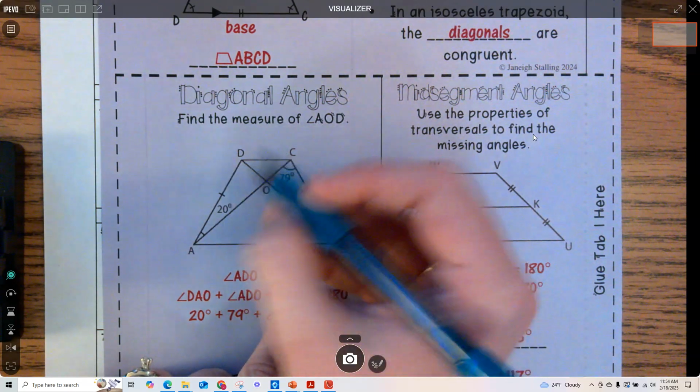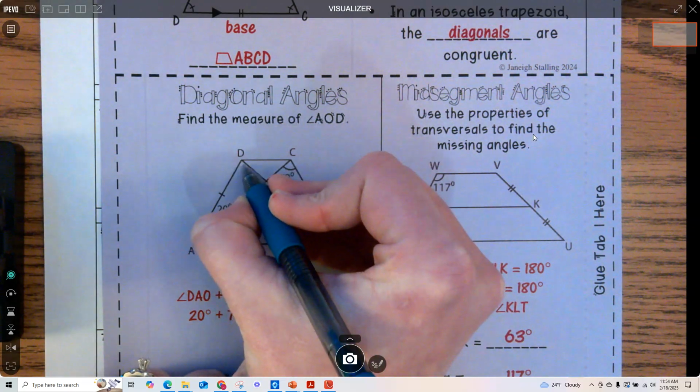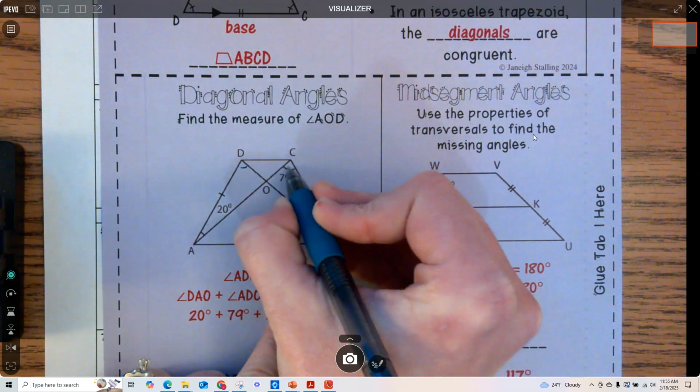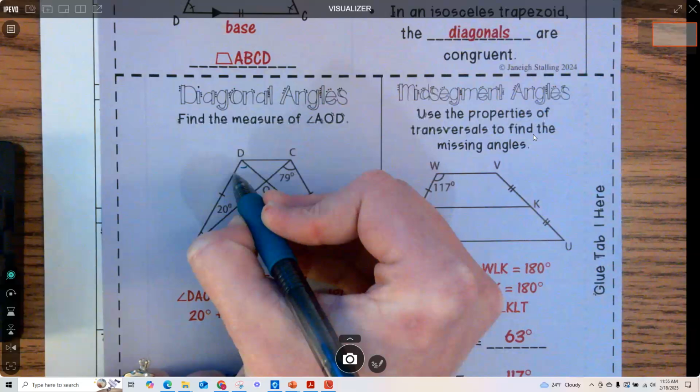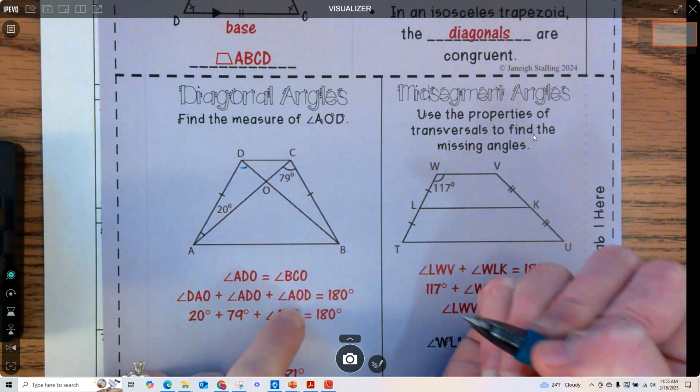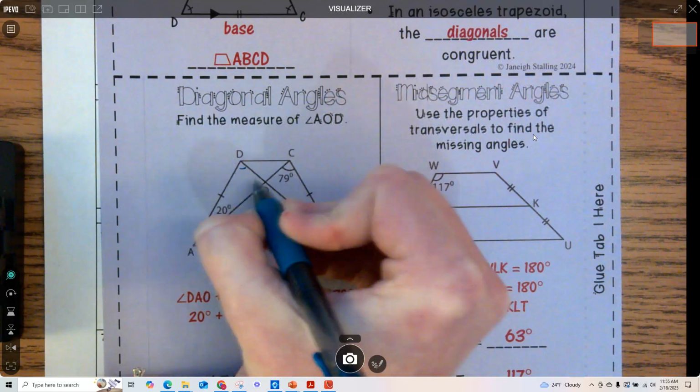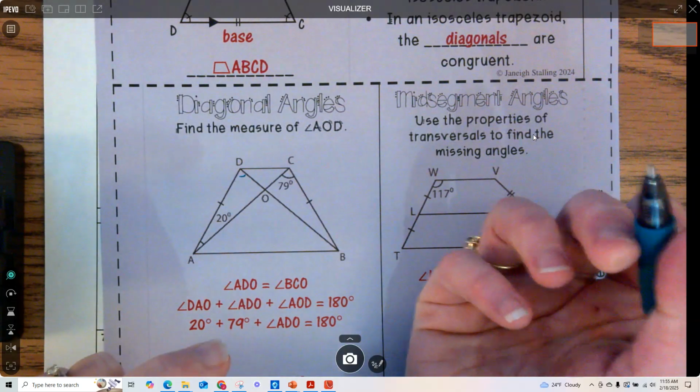So ADO is this little piece up here. It's going to be the same as this little piece over here. So if this is 79, then this one's going to be 79. And then if we know that this one is 79, all 3 angles, we've got a triangle. We can find the missing angles. So we can use the triangle rule.